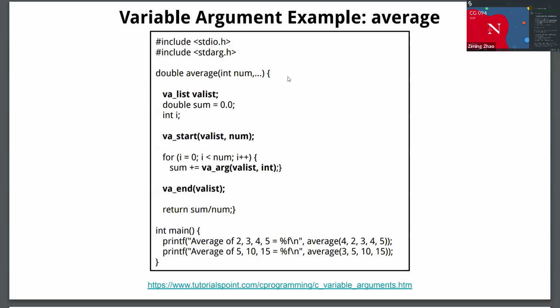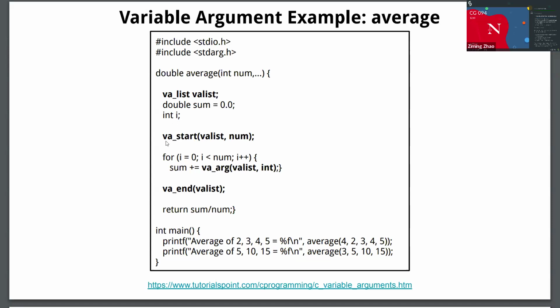Okay. Then let's look at how this is implemented. At the very beginning, we define this variable argument list, using the standard header, stdarg. Then after that, we define the sum as 0, and index i.